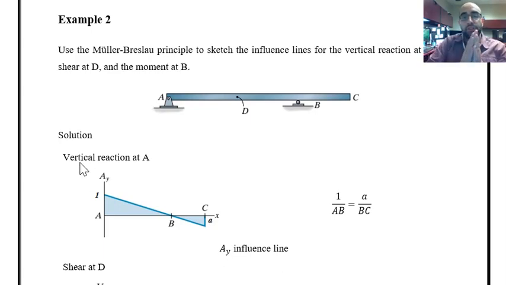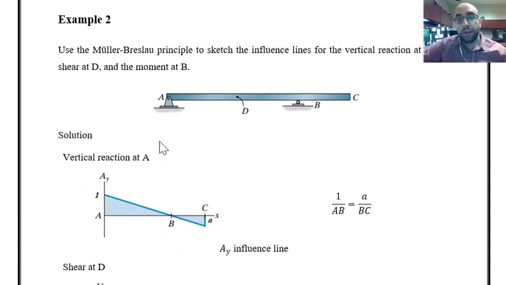You have to remove the restriction and apply a unit displacement. So this is equal to 1. This side, the value can be found by considering the ratios for these two triangles. 1 over AB is equal to A over BC, and we can find this value by considering this ratio. So that is the influence line for vertical reaction at A.